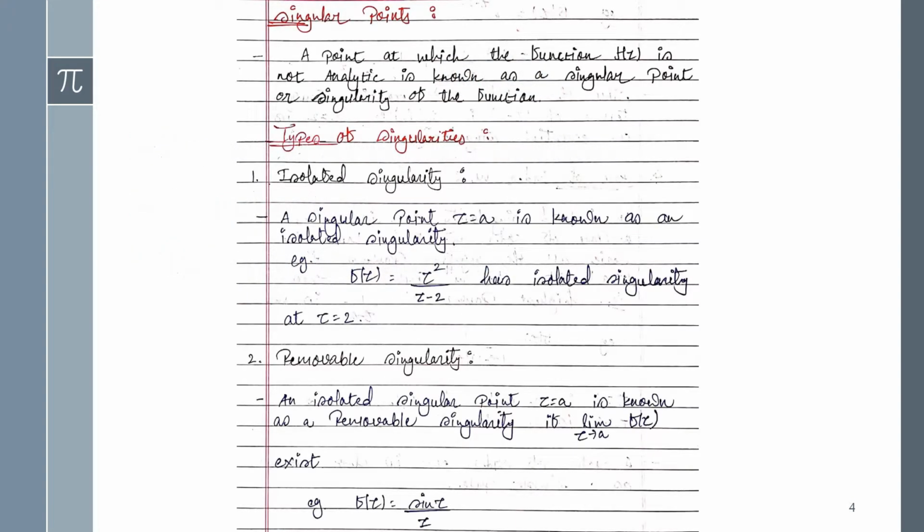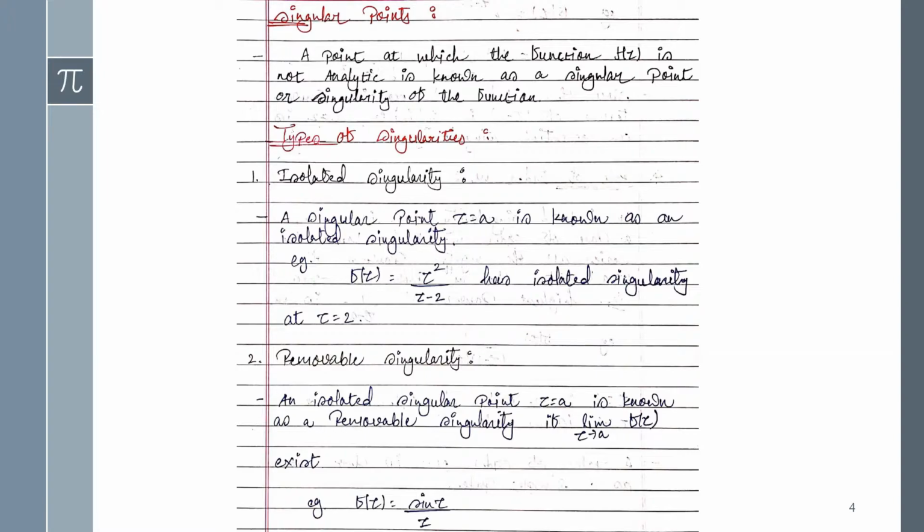First of all I have written the definition of singular points. What are singular points, how can we define whether the given function is singular or not, and how can we find its singularities?